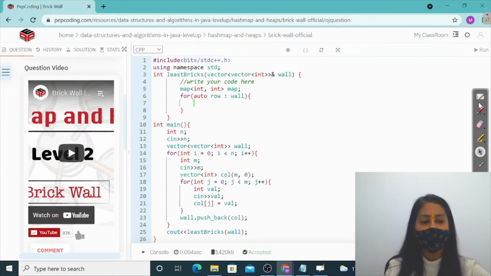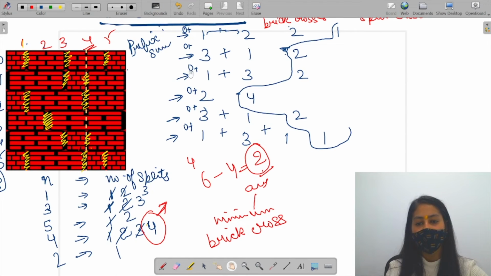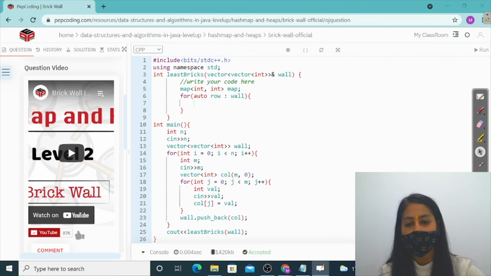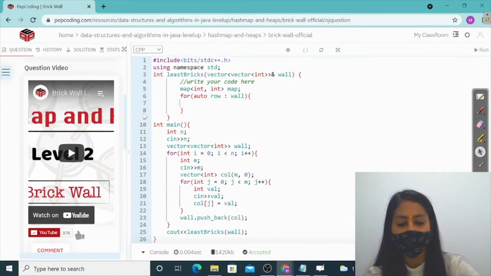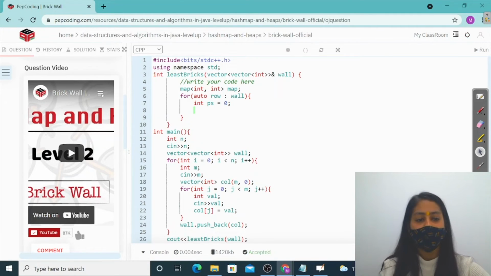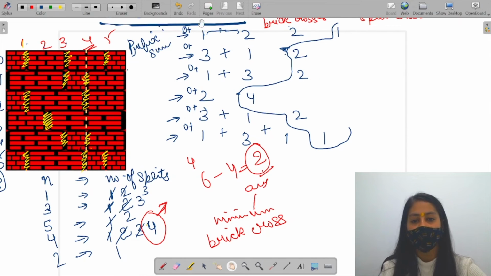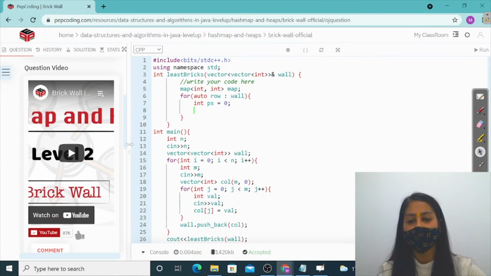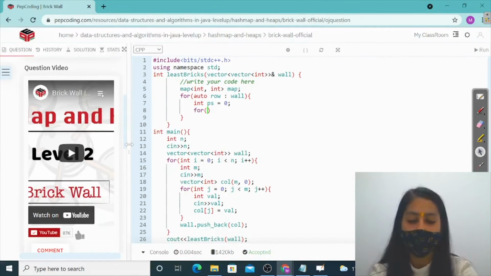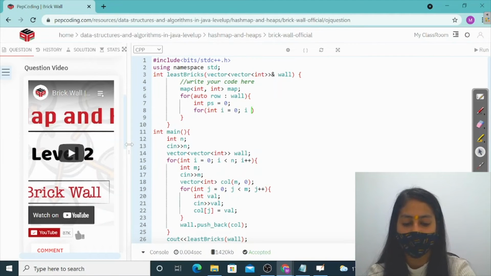Next at each row, firstly we are taking a prefix sum as 0, right? So let's take a prefix sum as 0. Next we are adding the values to our prefix sum, right? So let's move in each row. Now here we have to take minus 1.